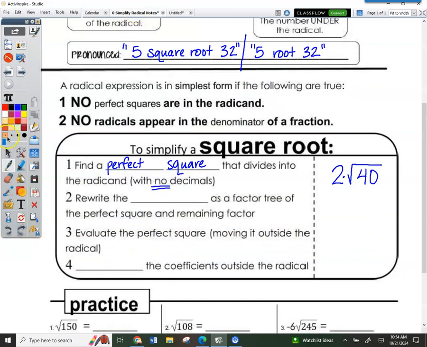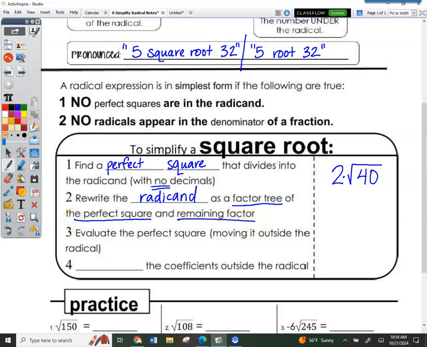All right. Wow, that was painful. So we've now figured it out. 4 will go into 40 nicely. Remember, you're pulling a perfect square from your list that will divide into the radicand. You're going to rewrite the radicand as a factor tree of the perfect square and the remaining factor.